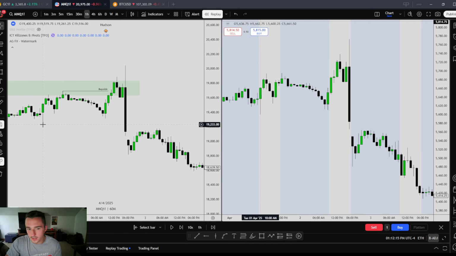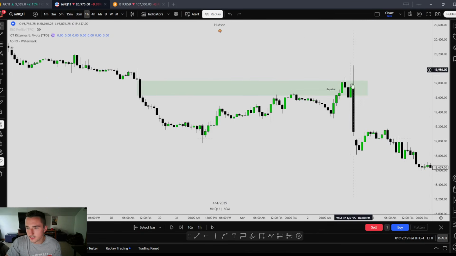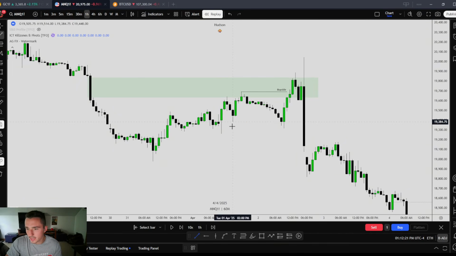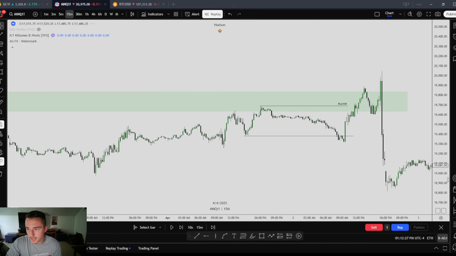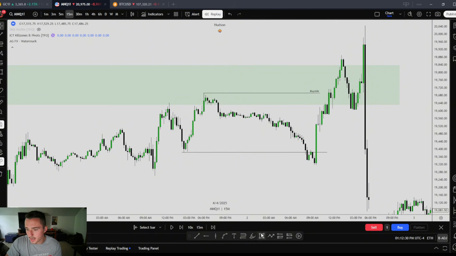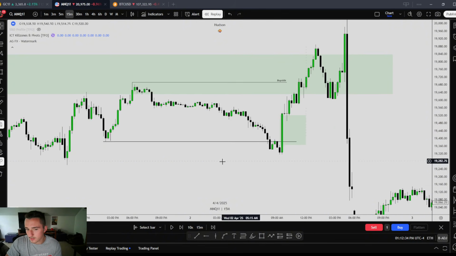No, it doesn't look like we had an SMT. Okay, so no SMT, but we do take this low and then close above this candle. So let's see if we maybe like could have found an entry to target that high, right? Right here's a 15-minute fair value gap. All right, so we sweep this low, we sweep this low, and then expand higher. 10 a.m. taps into it.